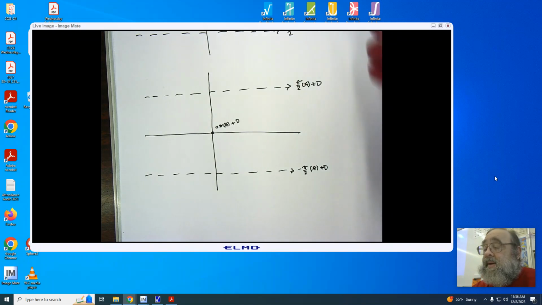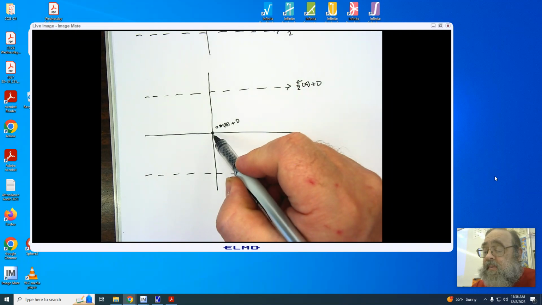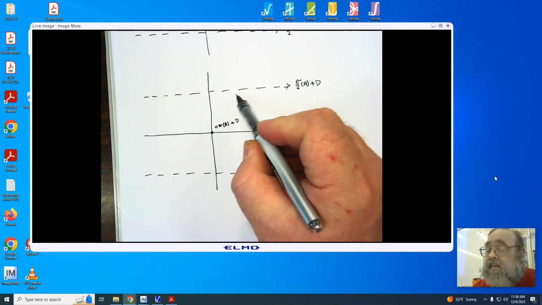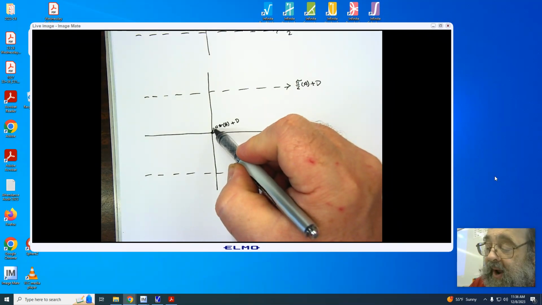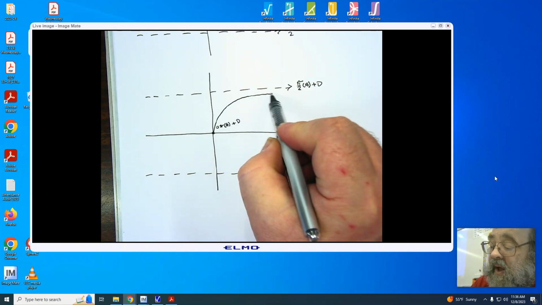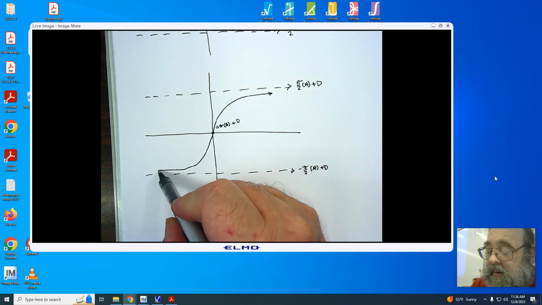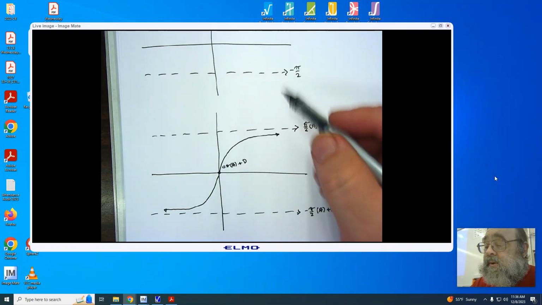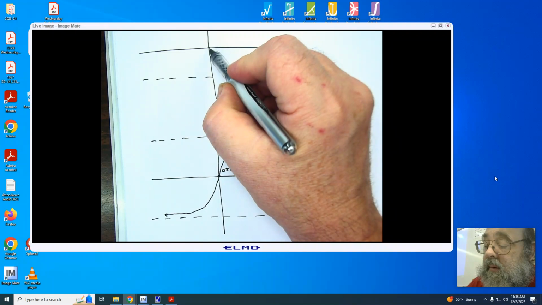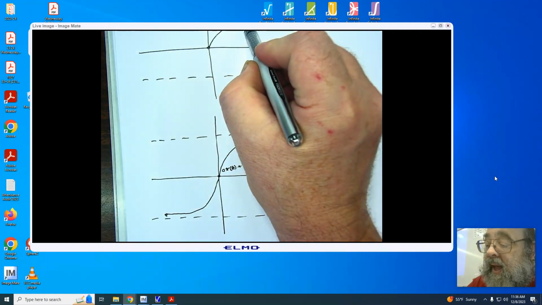Now keep in mind that this A value is simply going to cause me to go up more quickly, so that my graph is still going to be following in that shape, just like this one would go like that.